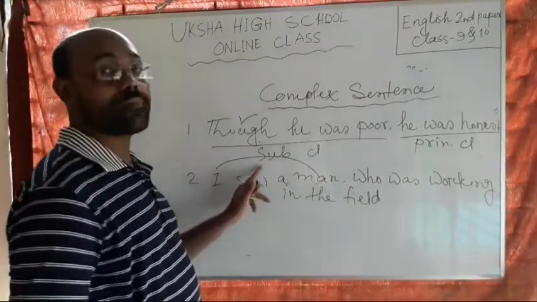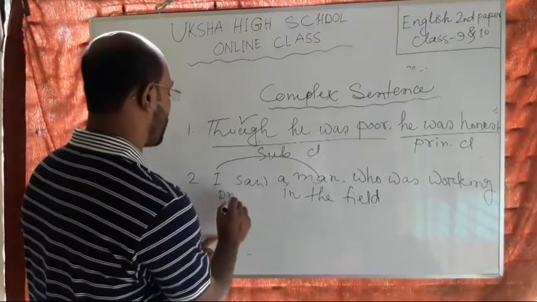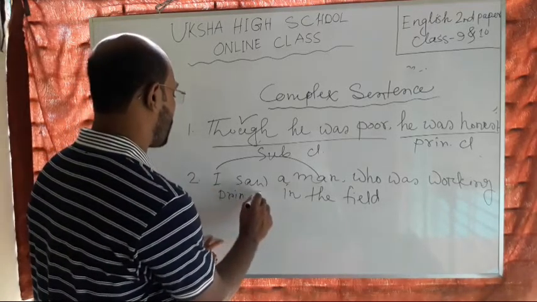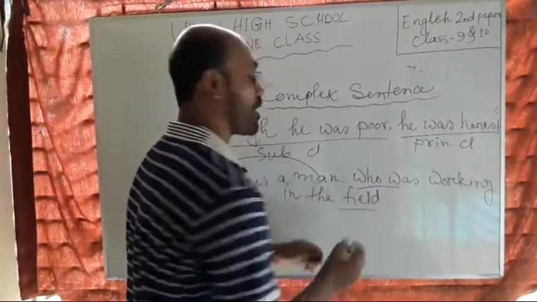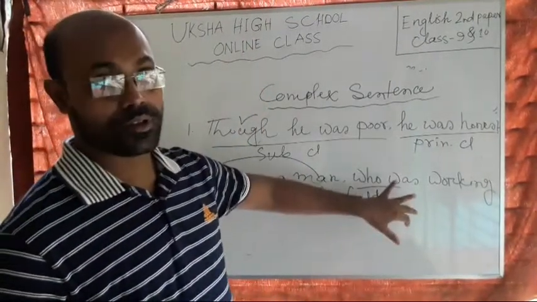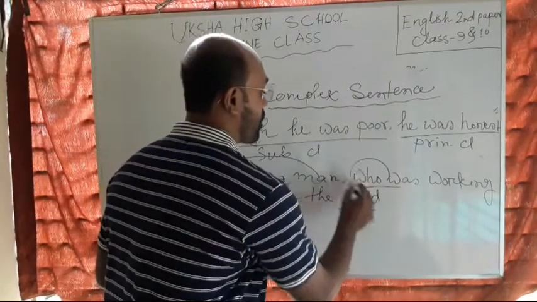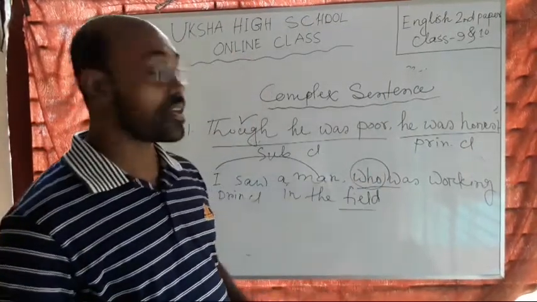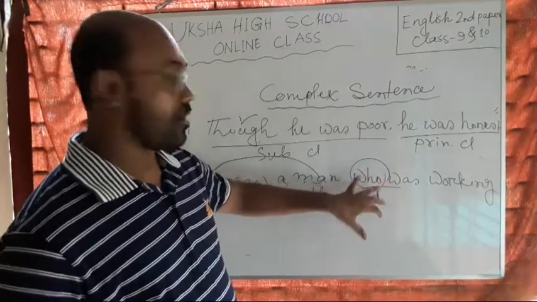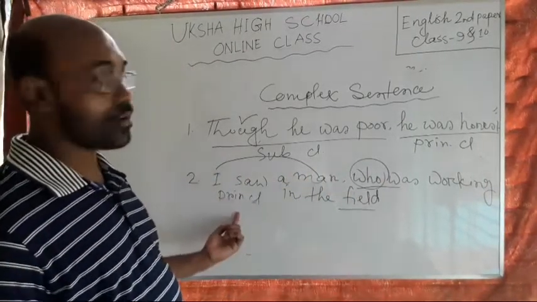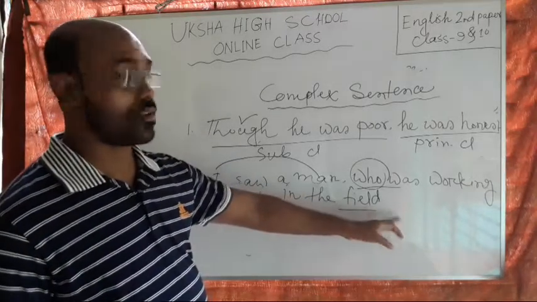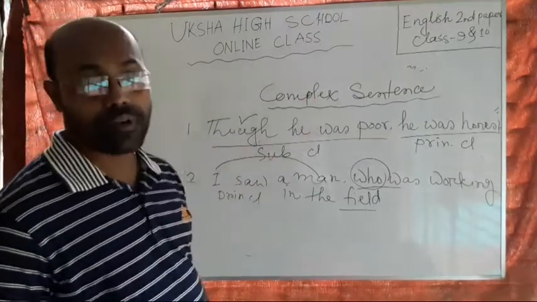Here, "I saw a man" is the principal clause, and "who was working in the field" is the subordinate clause, because "who" is the indicator of a subordinate clause, and we find one principal clause and one subordinate clause. So this is an example of a complex sentence.